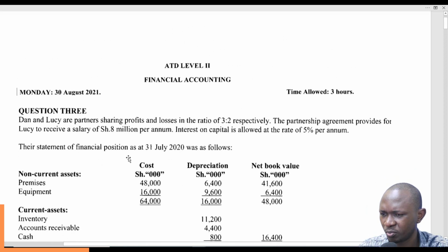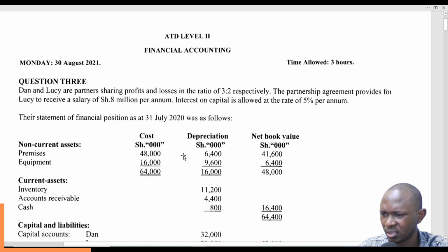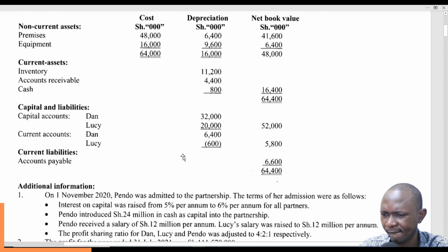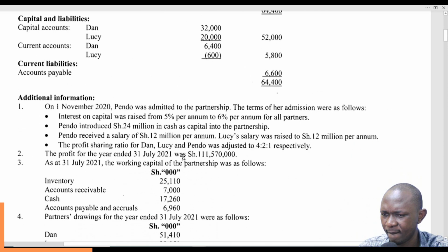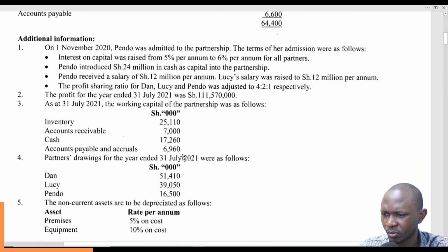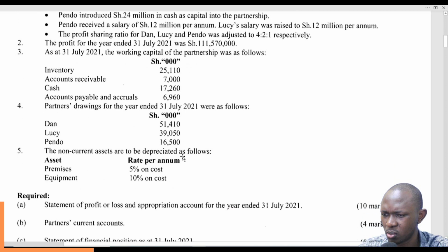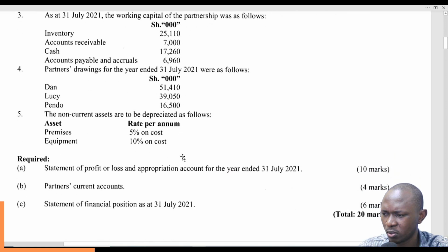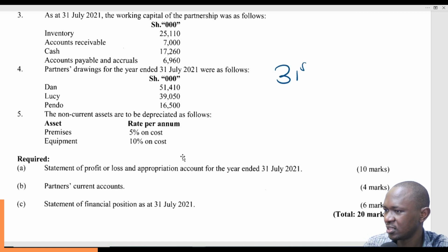The statement of financial position as at 31st July was as follows. Okay, so 31st July 2021. If you're talking about 31st July 2021, it means the preceding year was 31st July 2020.